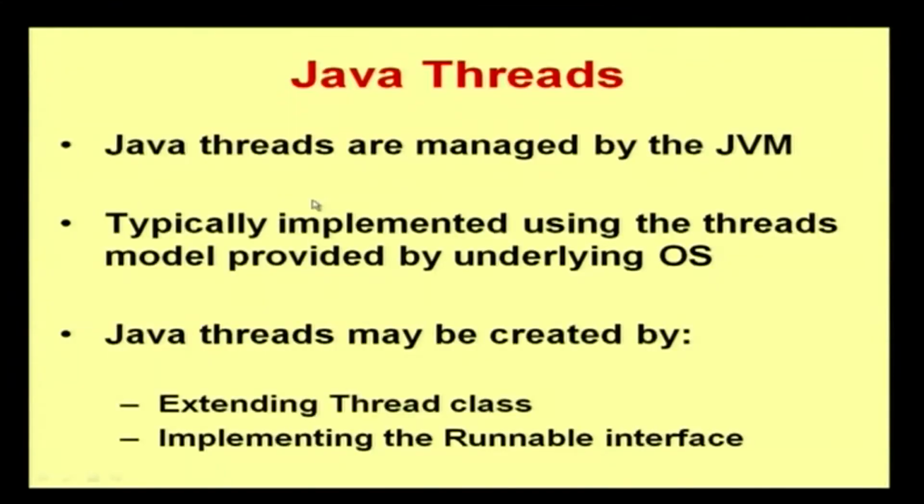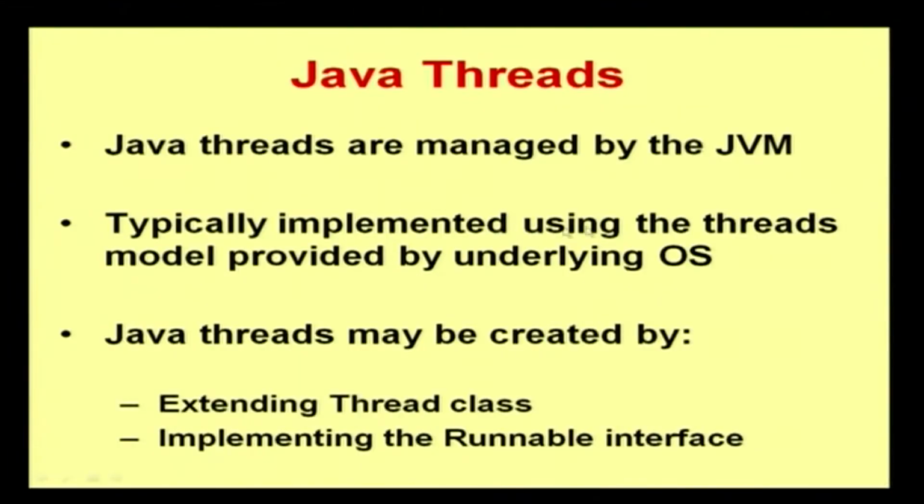The Java thread, I suppose you would have used when you are executing your Java language. These Java threads are executed and managed by a JVM. What is a JVM? A JVM is a Java virtual machine that is available within the Java language.